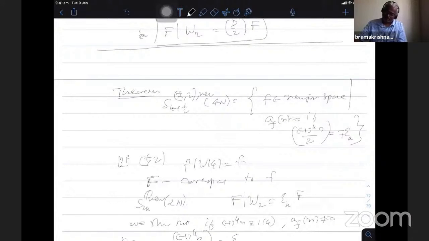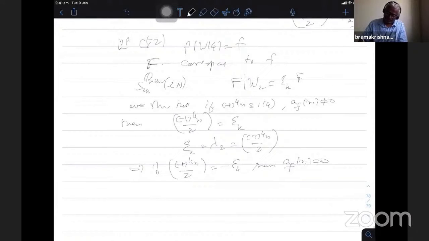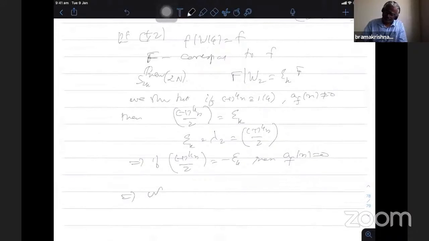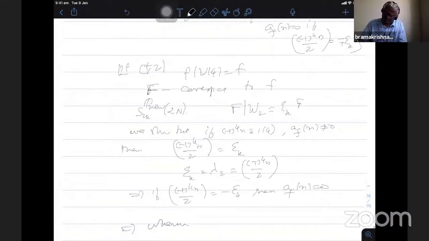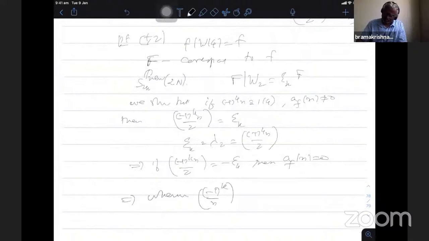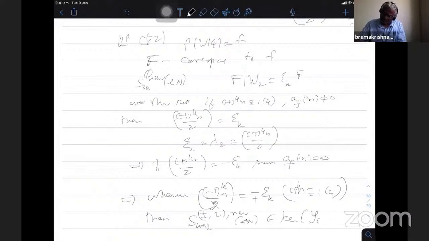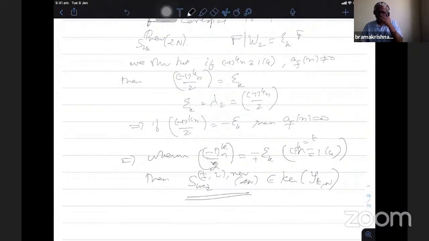So this implies that whenever (-1)^k n/2 is −ε_k, where (-1)^k n is 1 mod 4, then S_{k+1/2}^{±,2}(μ, 4N) belongs to the kernel of this S_{t,N}. So the whole class of new forms in the plus/minus 2 eigenspace belongs to the kernel of the Shimura map.